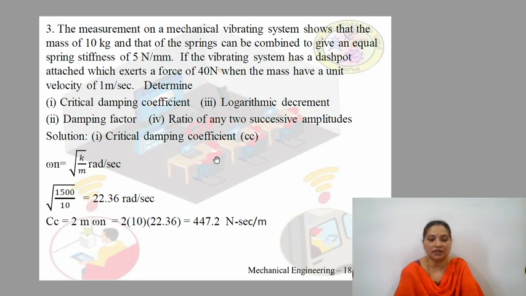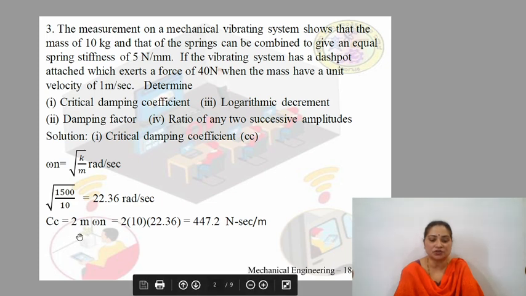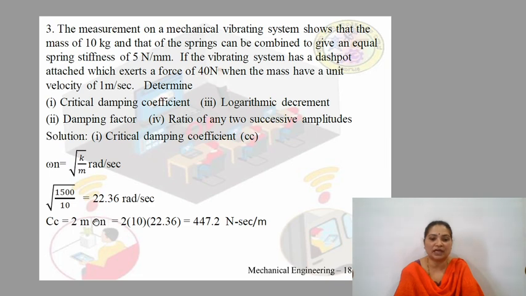coefficient. So we know that Cc is equal to 2m omega n, but since we do not know the value of omega n, it can be found out as square root of k by m radians per second. Now substituting the value of k and the value of m, we can find the value of omega n, that is 22.36 radians per second.